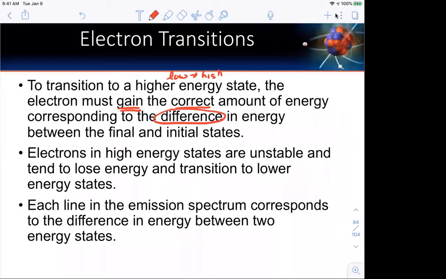They tend to lose energy. Everything wants to seek an energy minimum. So if I add energy, I can promote that electron, but it doesn't want to stay there. At some point it's going to relax, transition to that lower energy state, and then emit that photon. So each line in my emission spectrum corresponds to the difference in energy between two energy states.